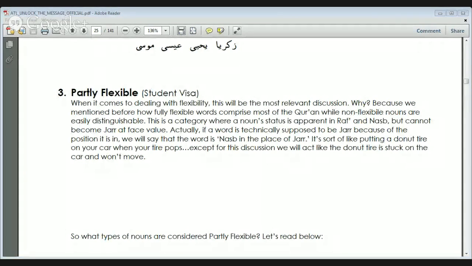And number three, always is light. Never tanween.